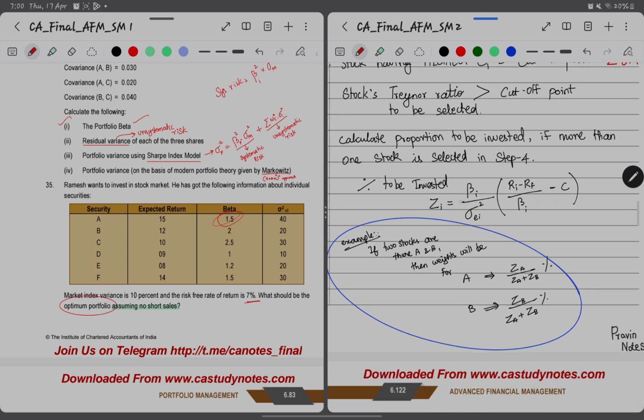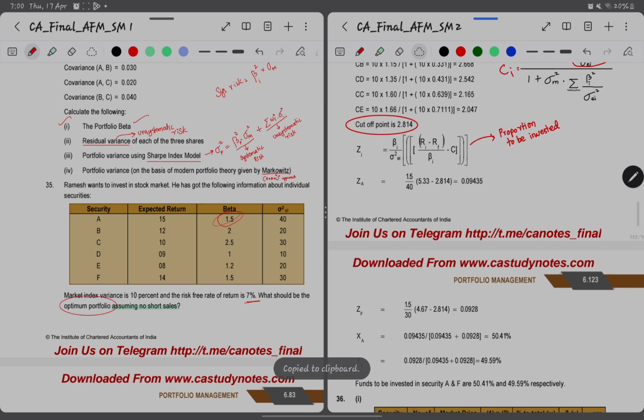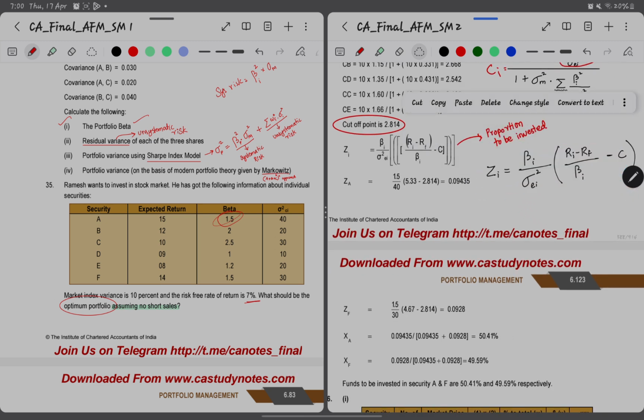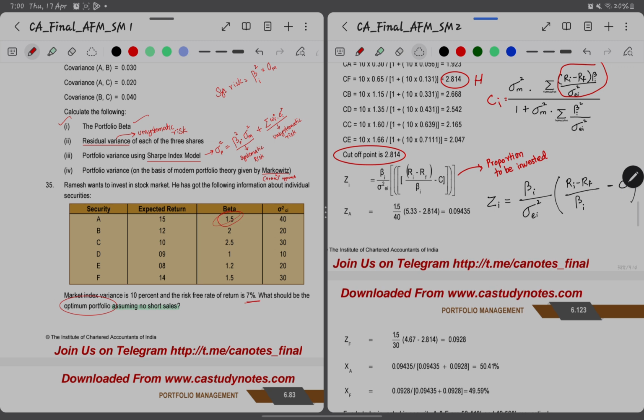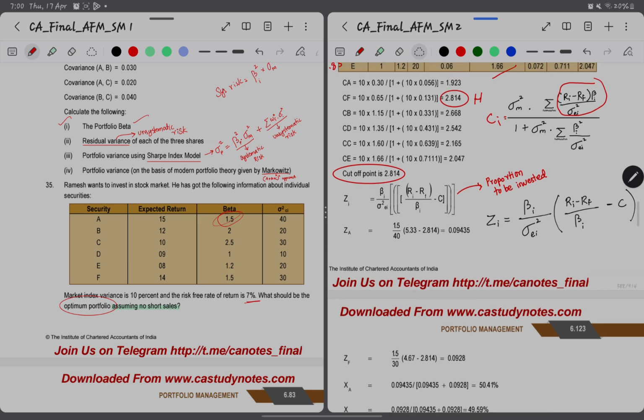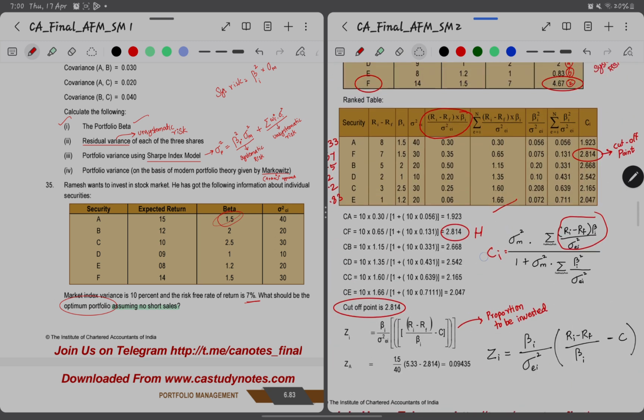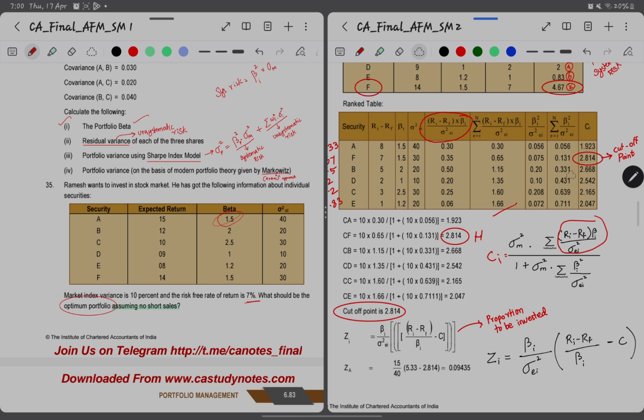For that proportion we have this formula, right? So we'll be taking this. Same has been done here. Fine. We already have all these values in the table, so from the table only we'll take it.